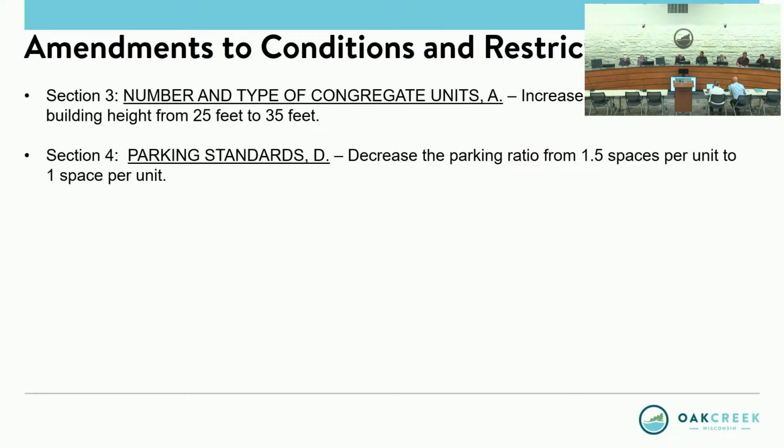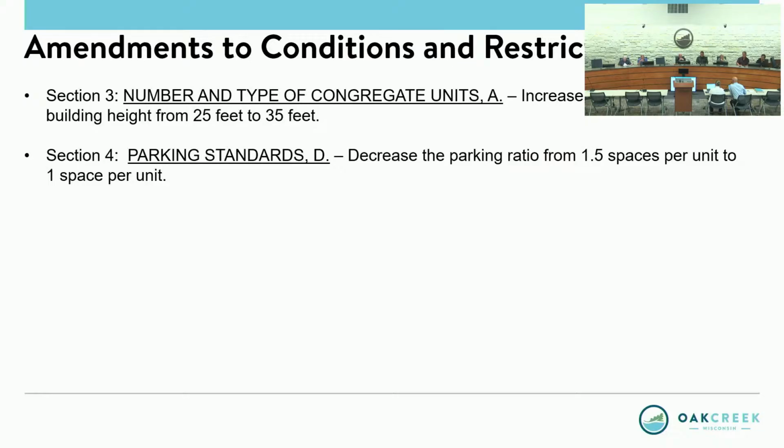As I get later into the presentation, you'll see their architectural plans and how it's to accommodate an architectural feature to the building that does extend beyond the 25 feet in height. They're also looking to decrease the ratio for required parking spaces on site from 1.5 spaces per unit to 1 space per unit.